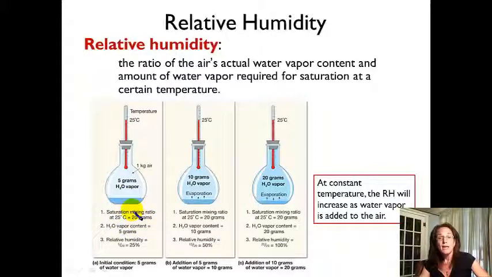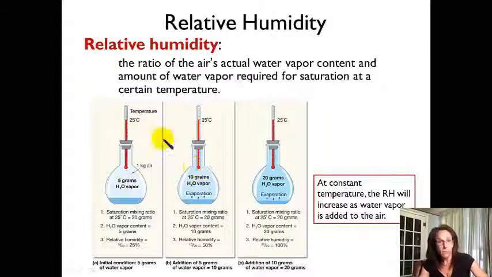That means if this were at saturation, which would mean we have that equilibrium, where the amount of water vapor in the atmosphere is not increasing anymore, then we would have 20 grams of water vapor. So that ratio of 5 to 20 is 25%. So the air contains 25% of the water vapor that it could possibly contain at 25 degrees Celsius.